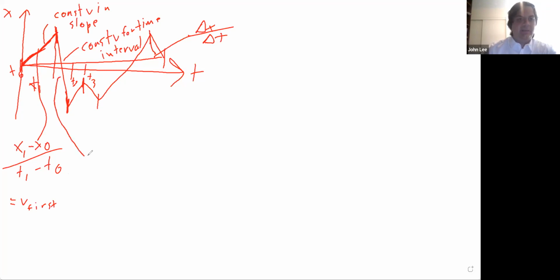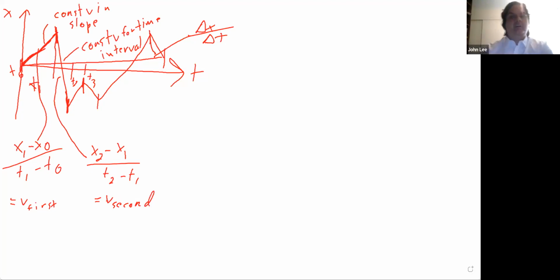This is the v of the second line segment, which is x2 minus x1, the position at time 1 versus the position at time 2, over t2 minus t1. This is getting complicated to write out, but this is the velocity of the second line segment.